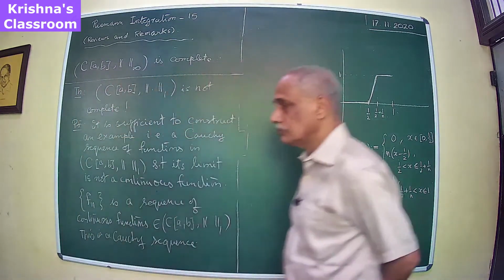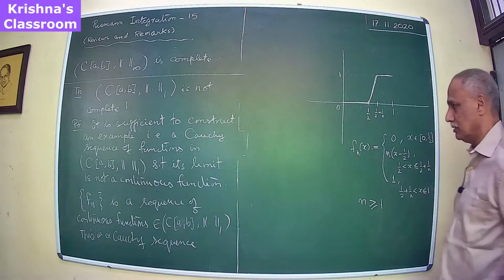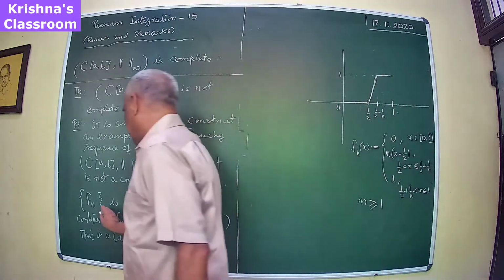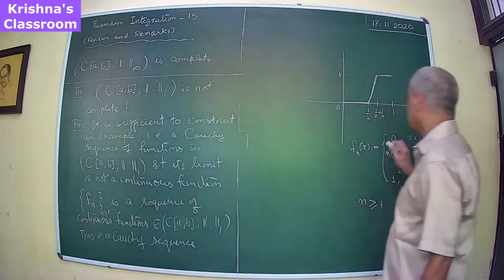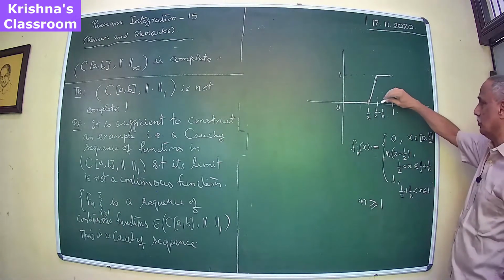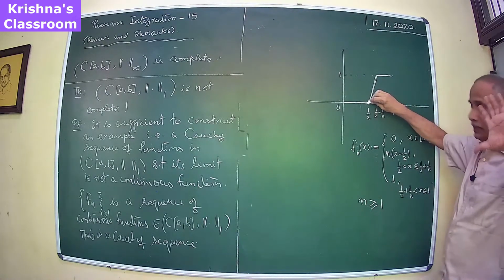Before that, we make an observation. We let n tend to infinity. What happens? 1 by n goes to 0, which means half plus 1 by n goes towards half.